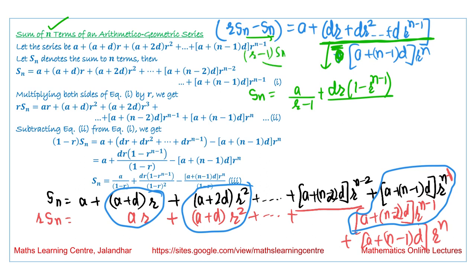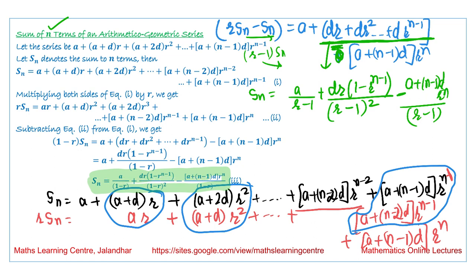Since Sn is multiplied by r minus 1, writing it on this side it is r minus 1 square, and minus a plus n minus 1 d r raised to the power n over r minus 1. So this is the final formula for the sum of n terms.